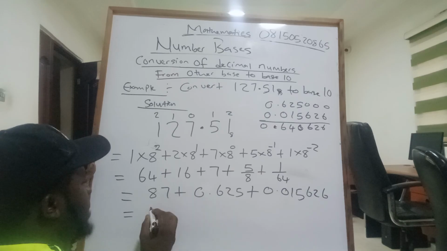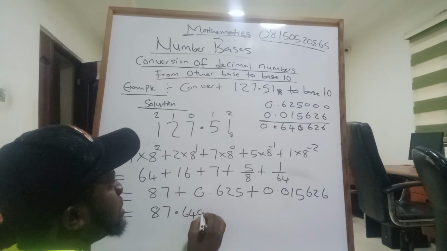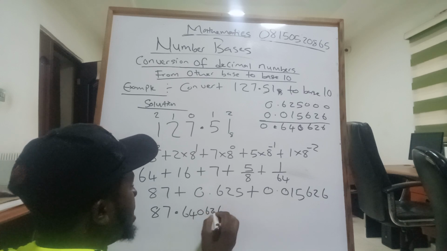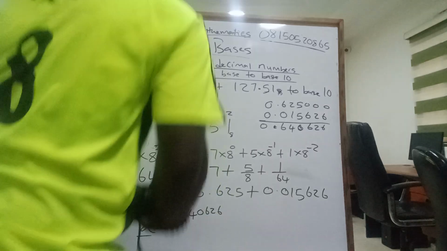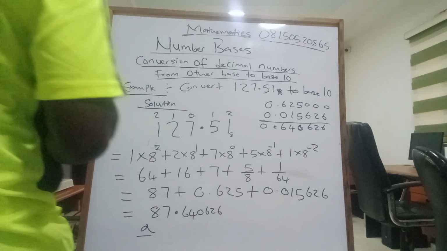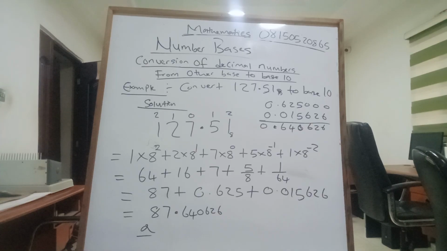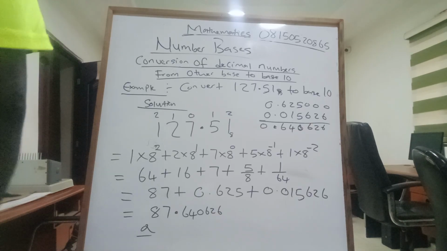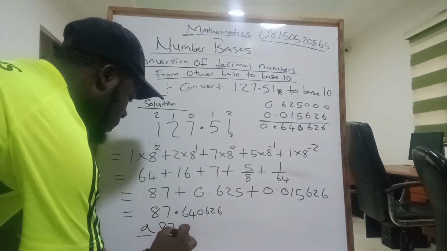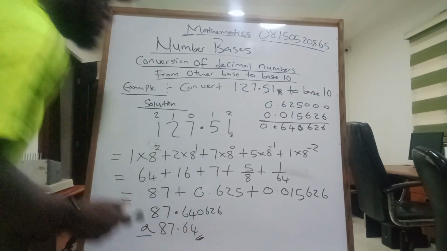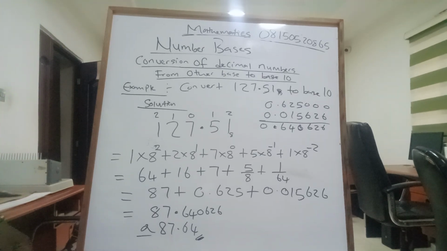So by the time you add it together, that's 87.640626, or approximately, if you put it to 2 decimal places, that will give us 87.64. So that's how you do that conversion.